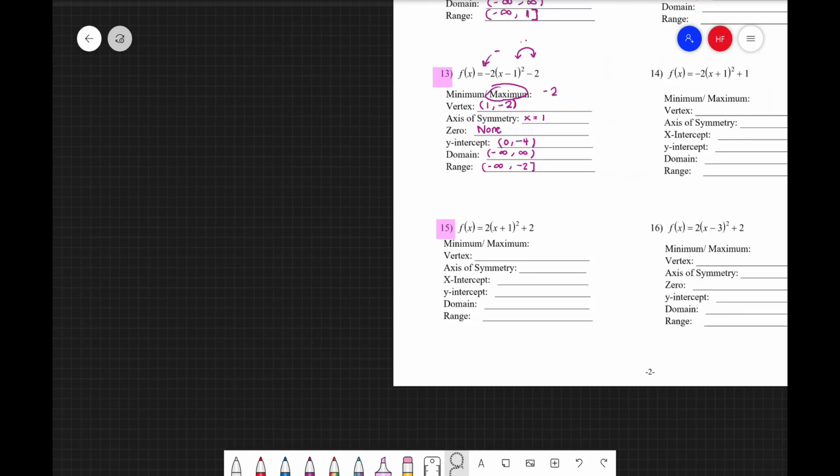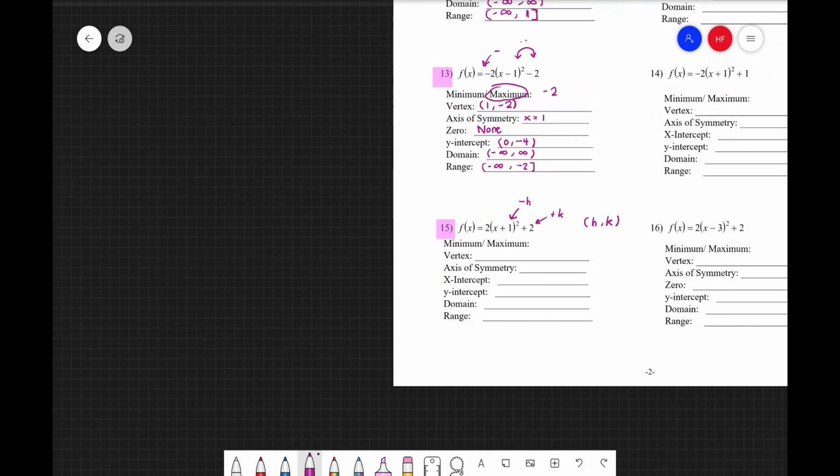So on 15, we're going to do the same thing. I'm going to try to slow this one down, okay? In our vertex form, we're given the vertex here. This is minus h, and here this is plus k, and my vertex is (h, k). For h, I have to take the opposite of what's inside with x.